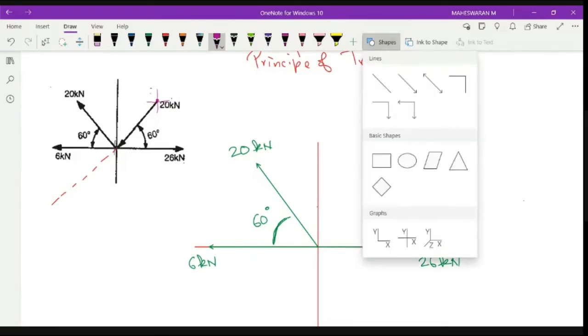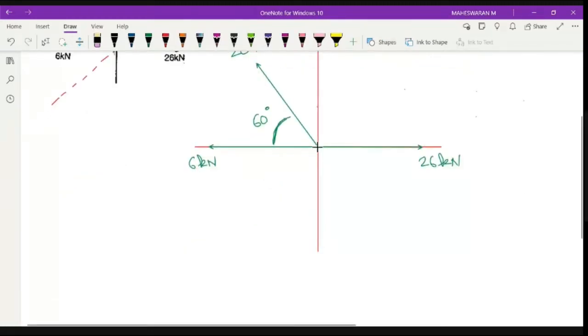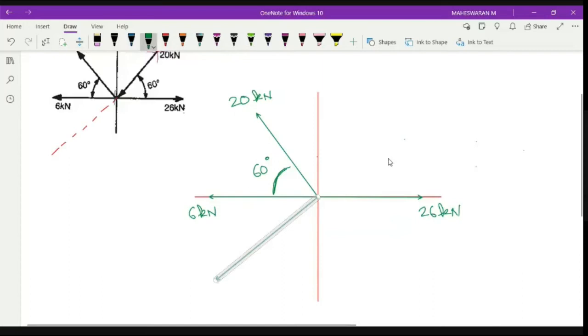Similar to that, when I shift it, you will get the same thing. So I'm going to shift it here. This is my force, 20 kilonewton, and this angle is 60 degree with respect to x-axis.